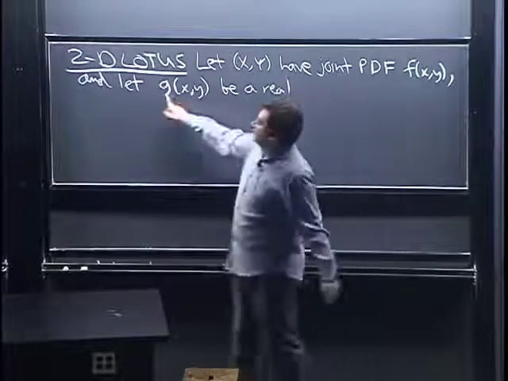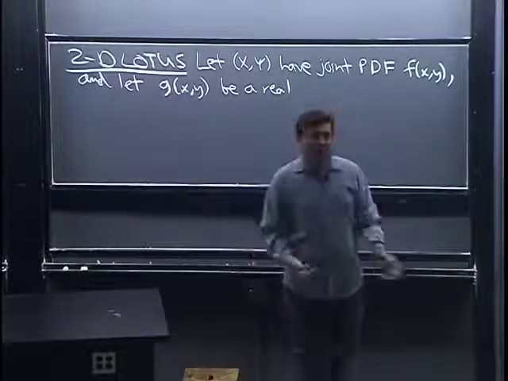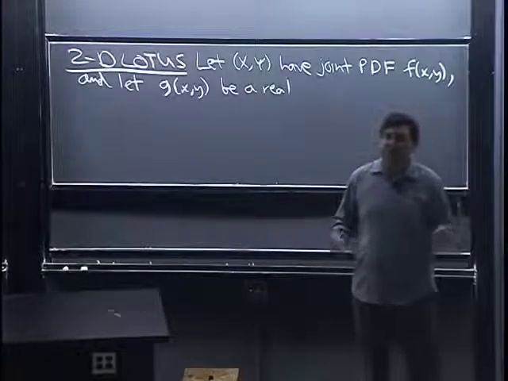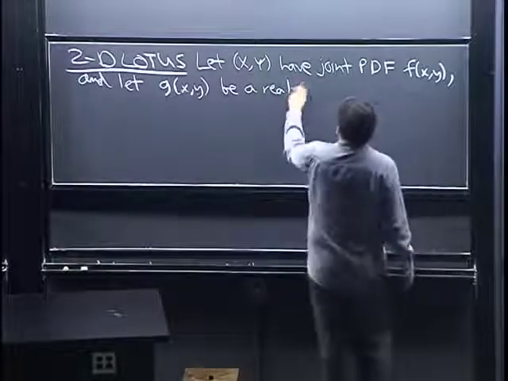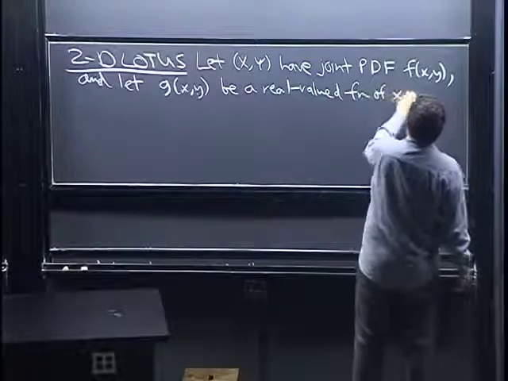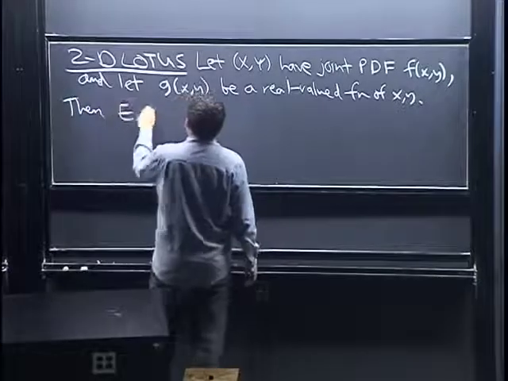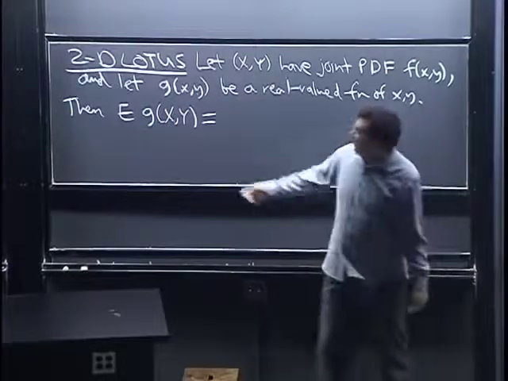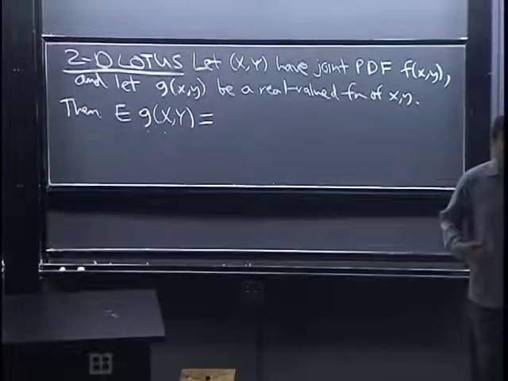So this function g takes two values as input and outputs one value. For example, it could just be x plus y, or it could be x squared times sine of x y cubed or whatever, just any real valued function of x, y, okay? And then we're going to write down LOTUS. LOTUS tells us how to get the expected value of g of X, Y. And it says we do not need to try to find the PDF of g of X, Y. We can work directly in terms of the joint PDF.